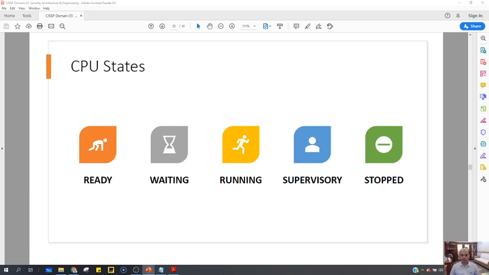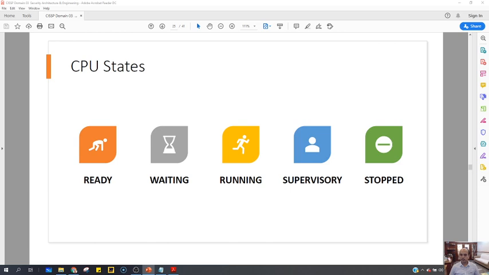So in between, if the execution of any particular instruction requires something, then it will put that particular instruction into the waiting state and wait for that particular data from that particular memory or that particular external device to continue further processing. Then comes the running state. Running means the process is executing in the problem state, in which the CPU is trying to solve until it's solved, blocked, or time sliced.